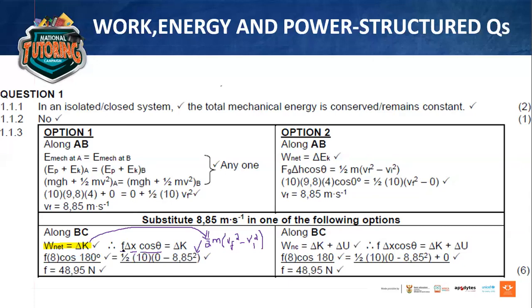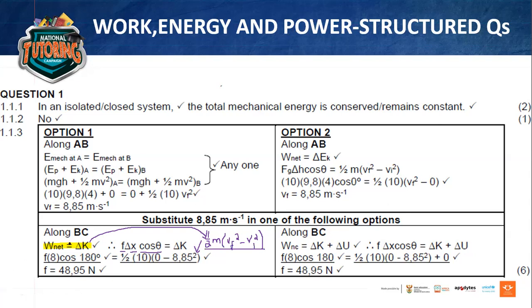And this F will then represent the frictional force because the frictional force is the only one that is doing work, and therefore it is responsible for the net work that is done on the object. And hence I'm going to have the value of F there being the frictional force. So it will be frictional force multiplied by the displacement cos of theta is equal to delta K. And we know delta K is exactly that.